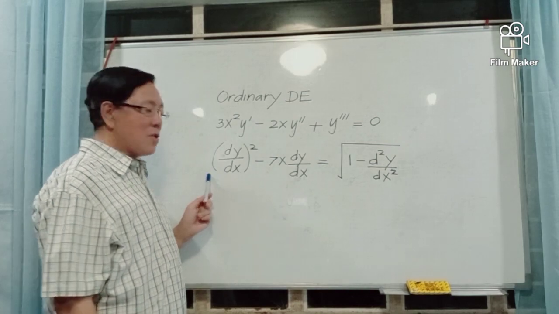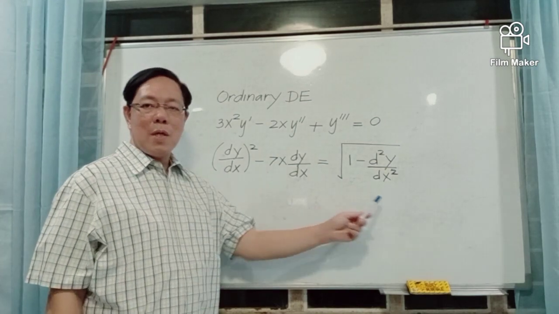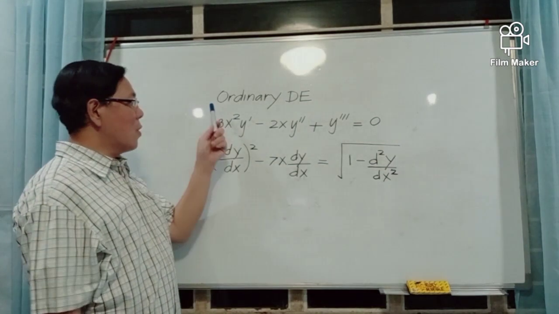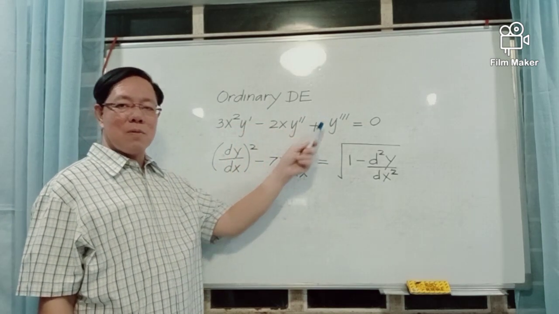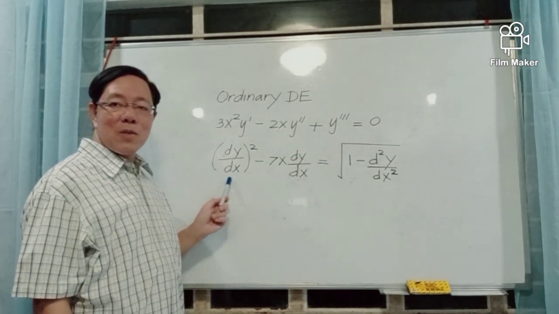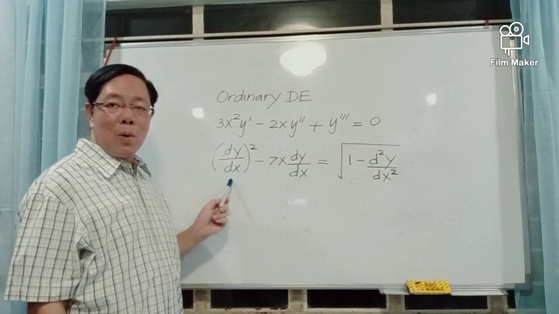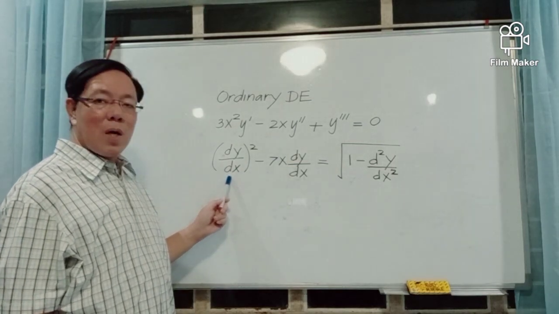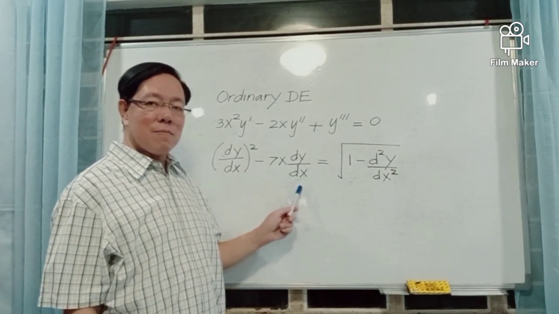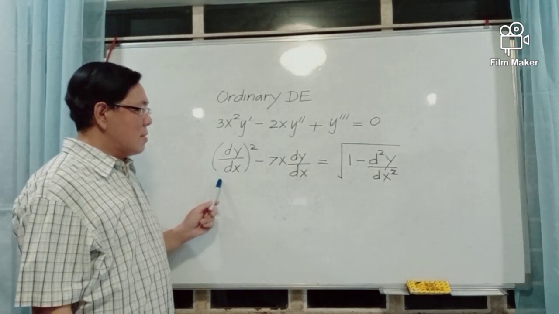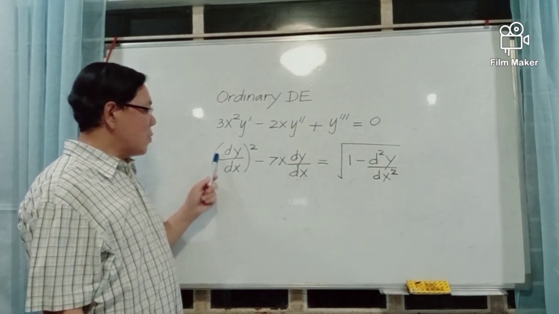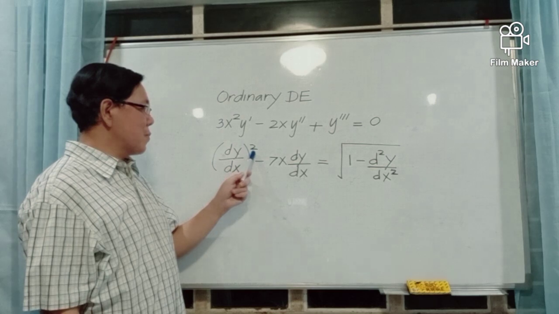The differential equation in number 2 is also an ordinary differential equation, except that different notations are used to denote the derivatives of y with respect to x. We have dy dx to the power 2.